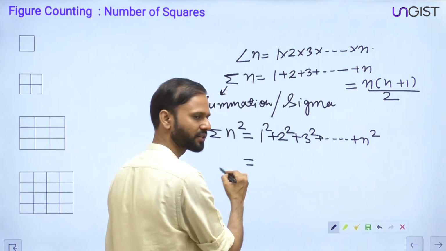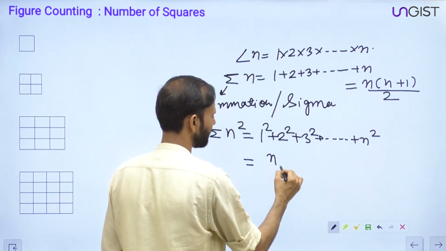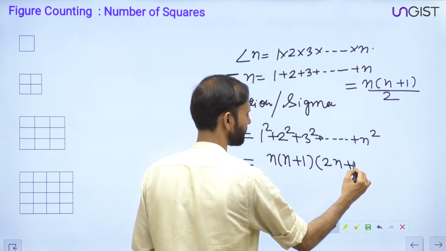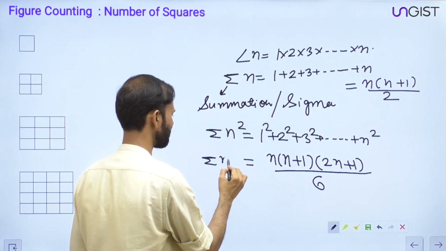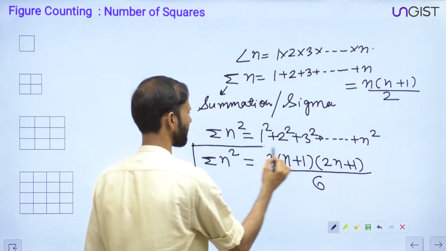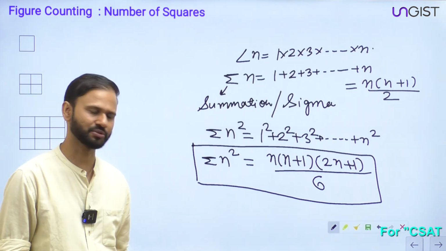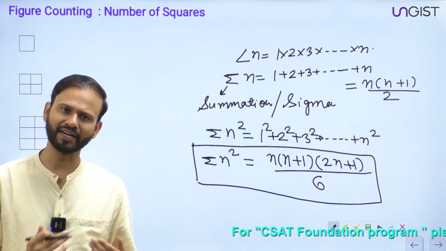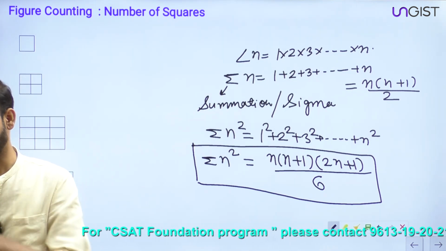This is equal to n into (n plus 1) into (2n plus 1) divided by 6, right, everybody? Though it's a bit lengthy formula, you have to use it in the questions. So please, you have to learn this by heart.